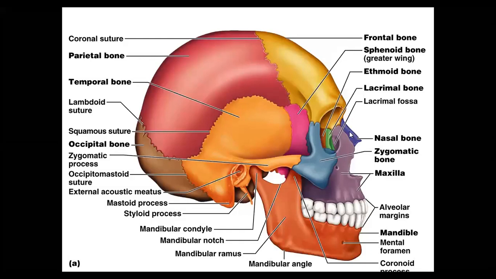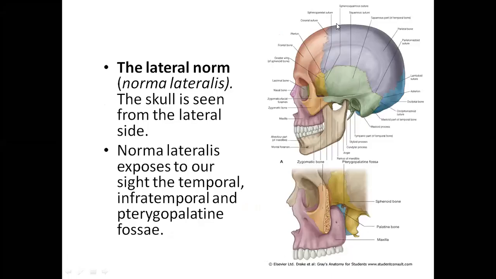See here. These are the various bones which I have shown you live also. Only thing is I didn't show you the mandible, which anyhow we are going to discuss separately. Now see here, this is the norma lateralis. The skull is seen from the lateral side. The norma lateralis exposes three fossae. This area is temporal fossa.